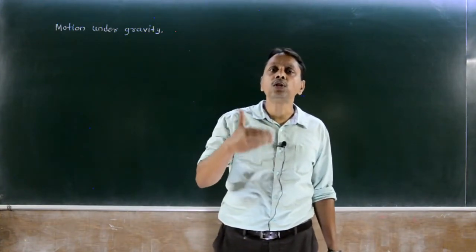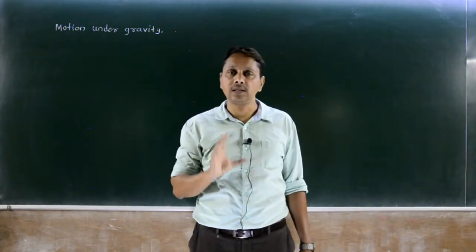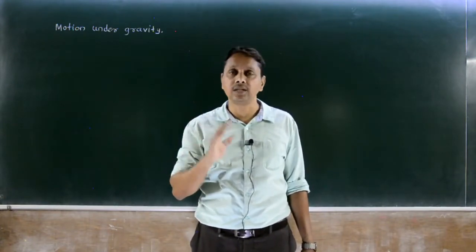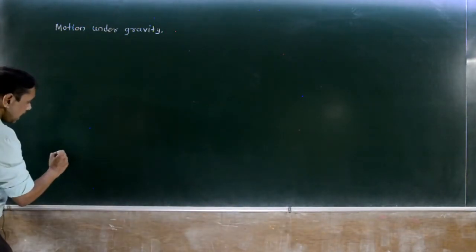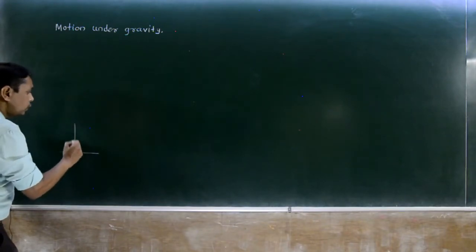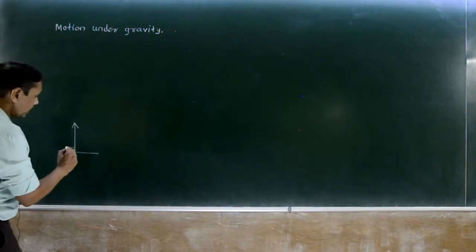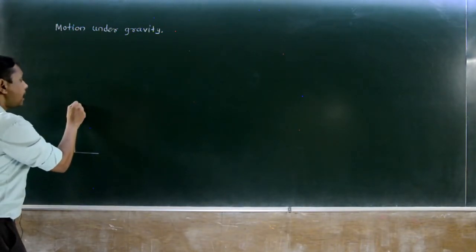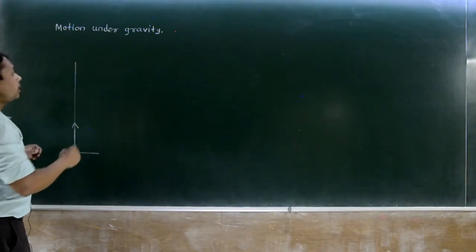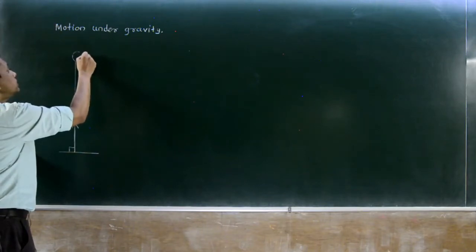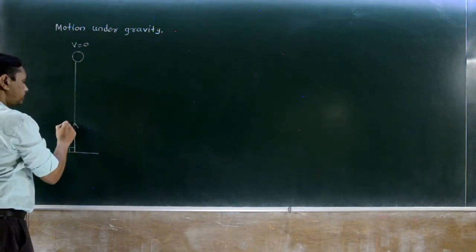So when we say motion under gravity, when an object is thrown in space at an angle of 90 degrees to the horizontal, meaning exactly vertical, it will go up against gravity. At some point its velocity will become 0, let's say v dash.